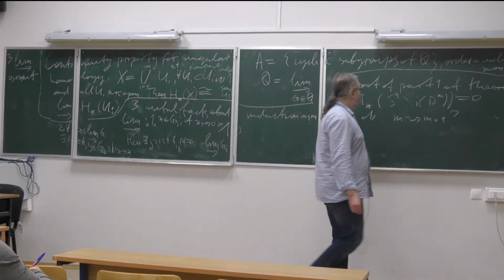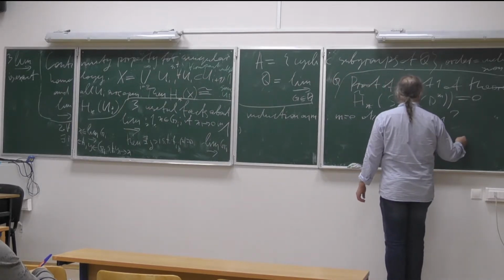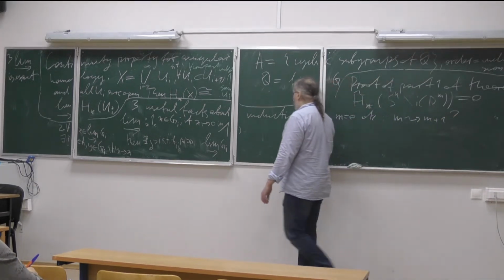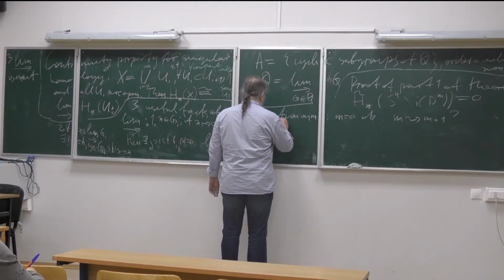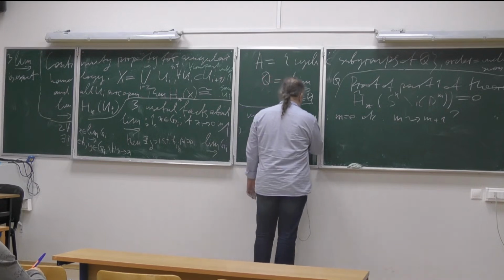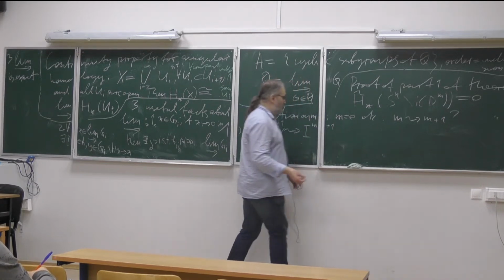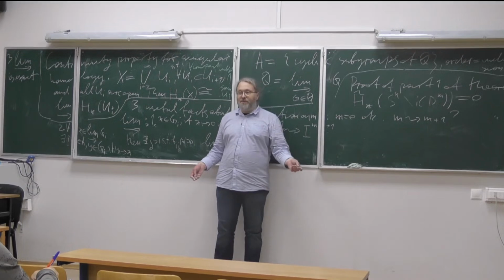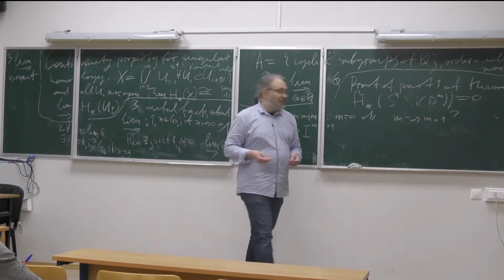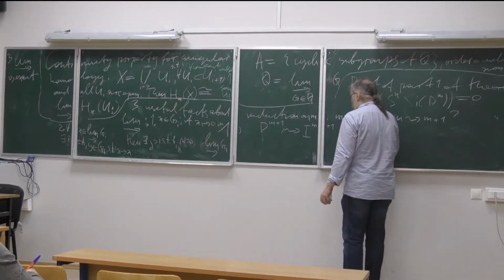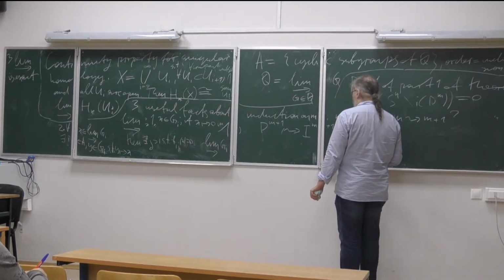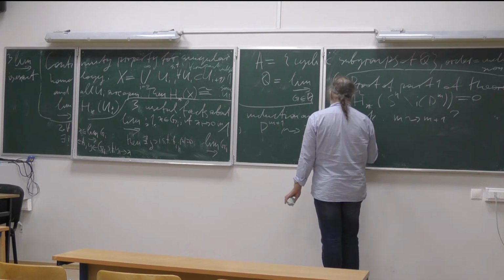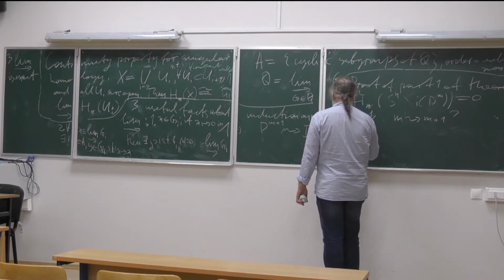I want to replace D^m and D^(m+1) with I^(m+1), in other words, the product of m plus 1 copies of [0,1].